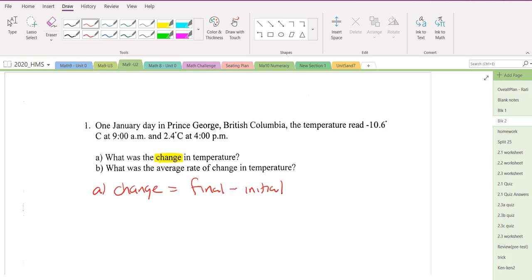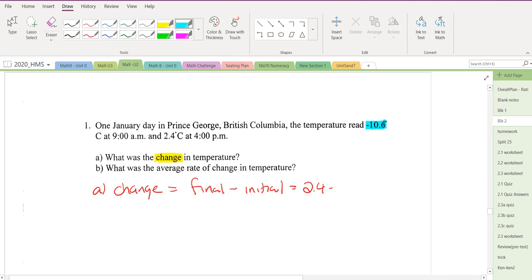So what is our final measurement here in this question? Negative 13. No, sorry, I'm not asking for the change, but the final. Positive 2.4, and our initial was the other measurement of negative 10.6.